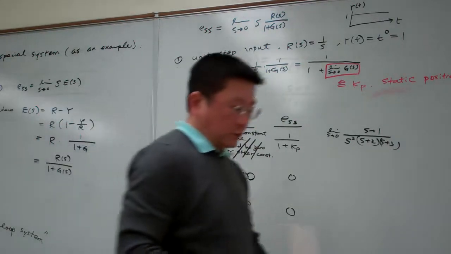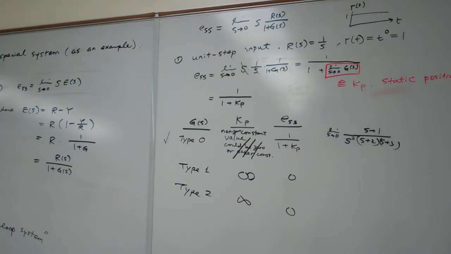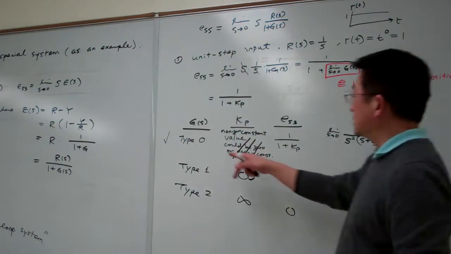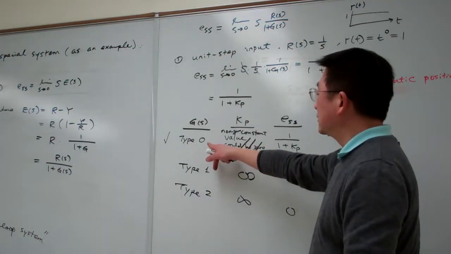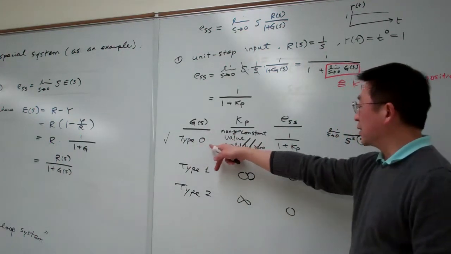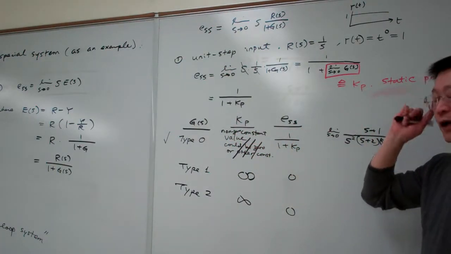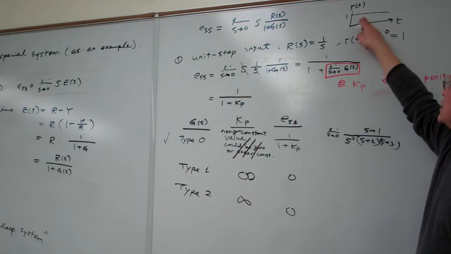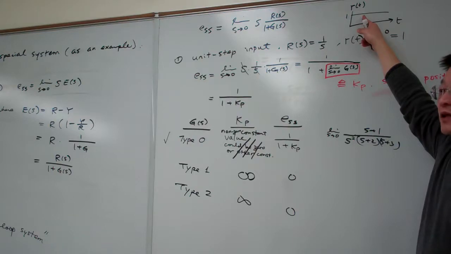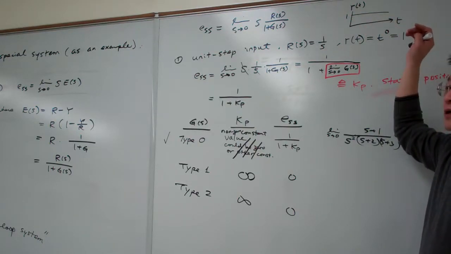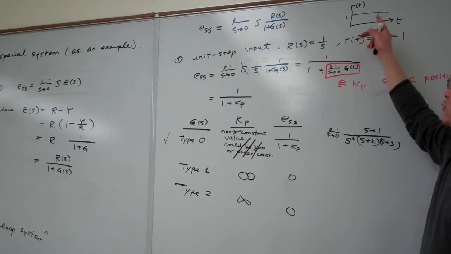Okay, so now for type 0 systems, the input here is at a constant level, and basically the input is staying constant, which means the magnitude of the input won't change.